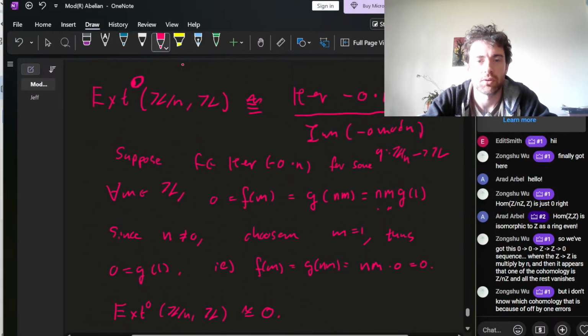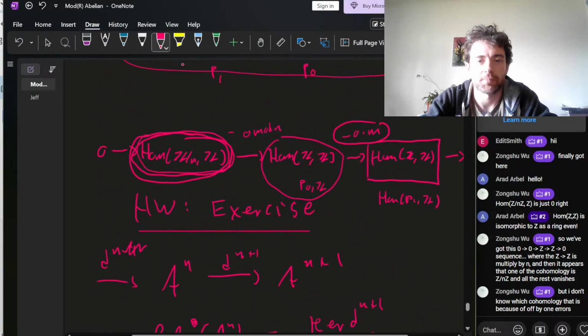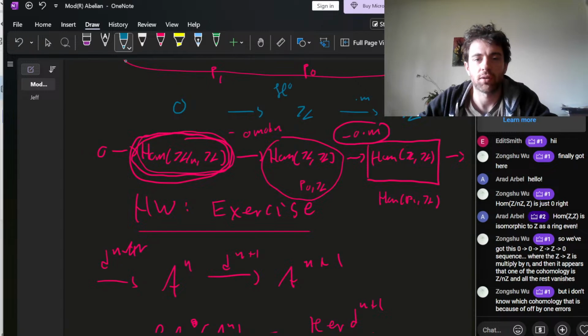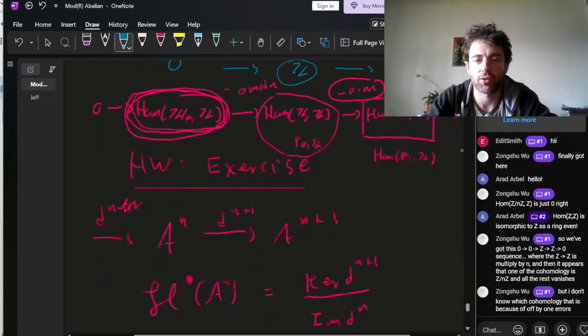So, right, this term here is 0, and this is our Z, and this is our Z, and this is the multiplication by m map. And we already checked the cohomology at this term is trivial, is 0. So the non-trivial cohomology is here, which we're about to finish verifying.